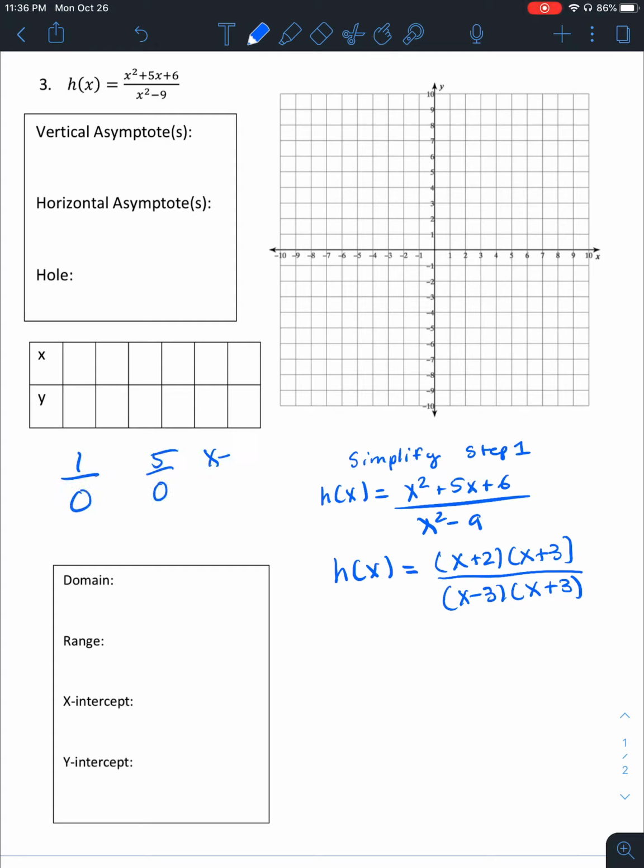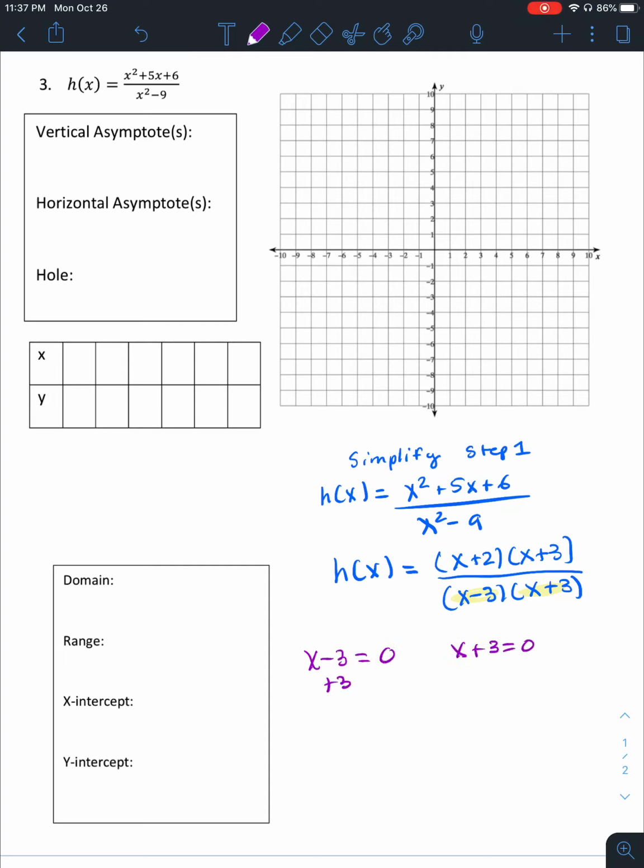So when we're looking at this example, we need to look at these two factors, because these are where something bad is going to happen and make the function undefined. So all we do to find those values is set them each equal to 0. And when we do that, we get x equals 3 and x equals negative 3.